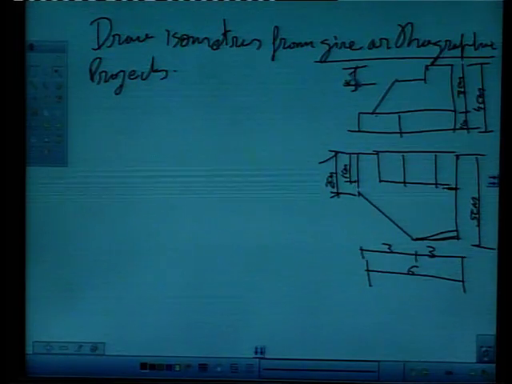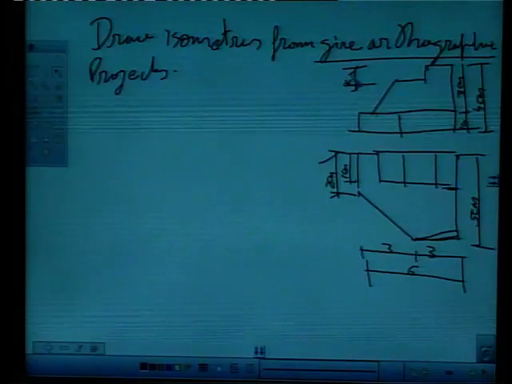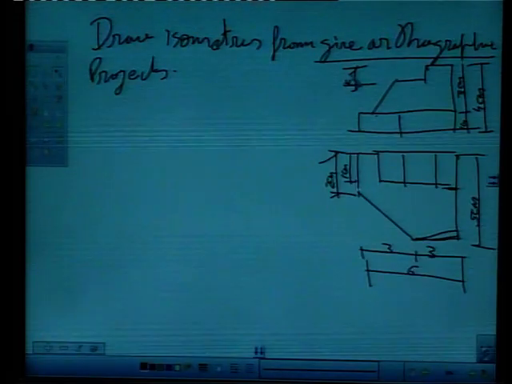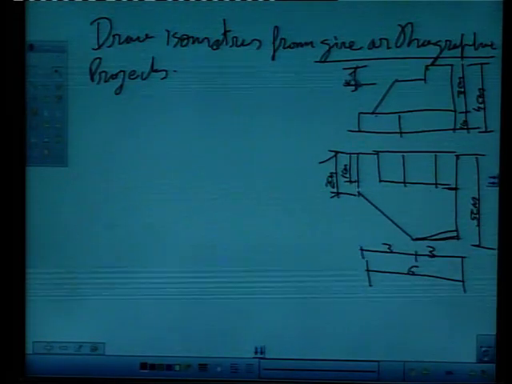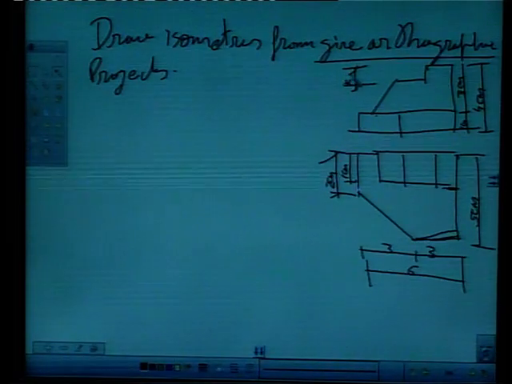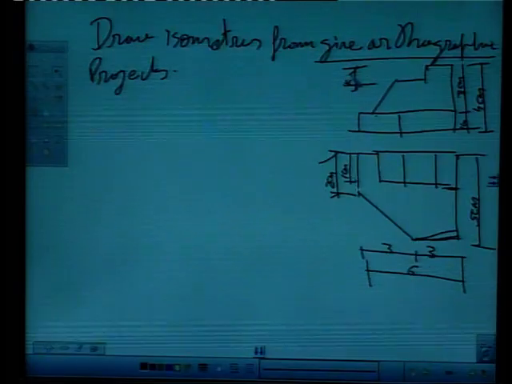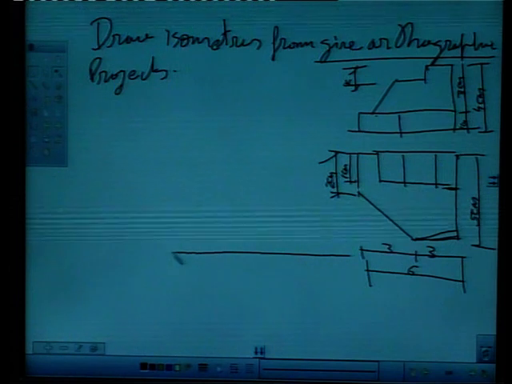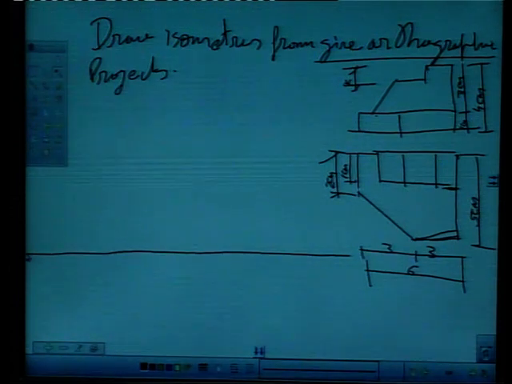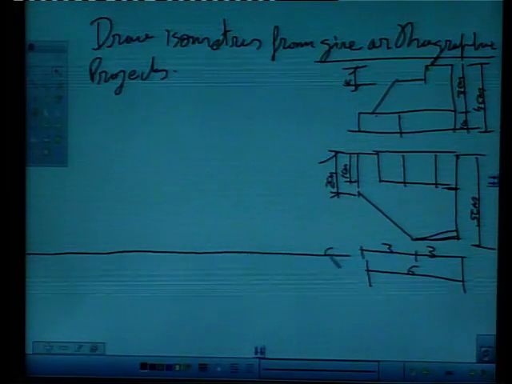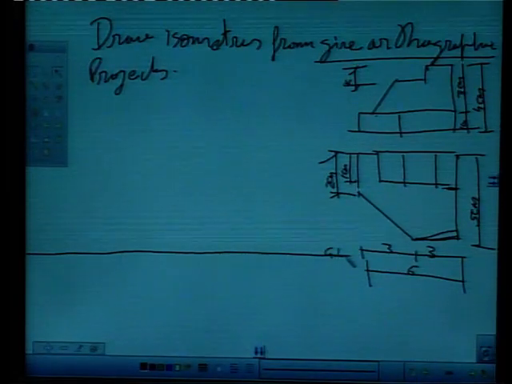So we have a complex example in which orthographic projections are given to us in the forms of plan and front elevation, and we have to draw isometrics from this given drawing. So what we will do, we will start exactly the same way. We will draw a horizontal line, which represents say ground line, right.